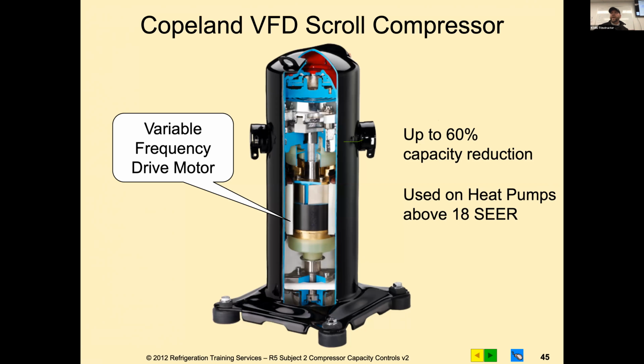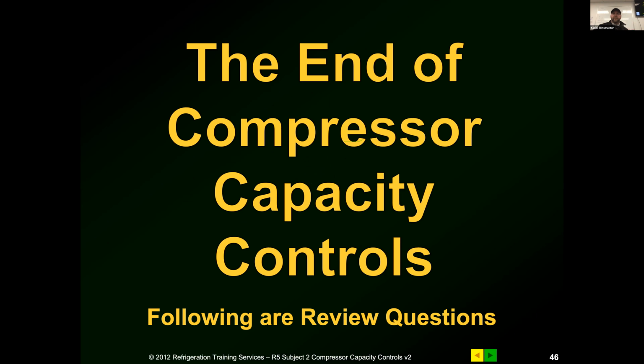So if you're dealing with a VFD compressor, read the manufacturer specs on the minimum and maximum frequency. That will tell you the frequency you can run at and the maximum amount of time you can run it at that frequency. They have sheets on every compressor that's VFD compatible.